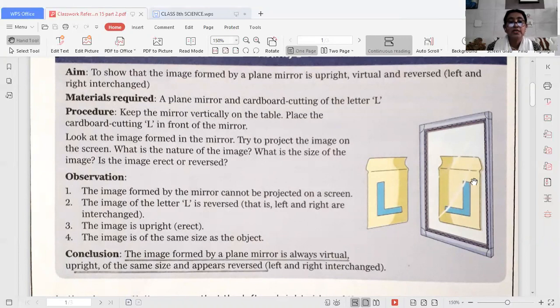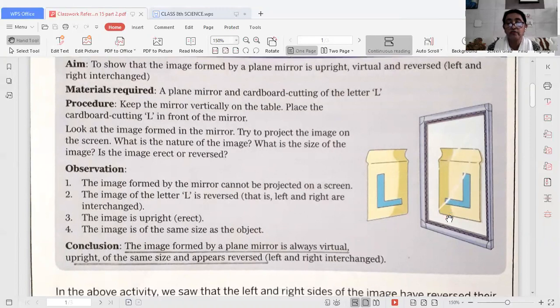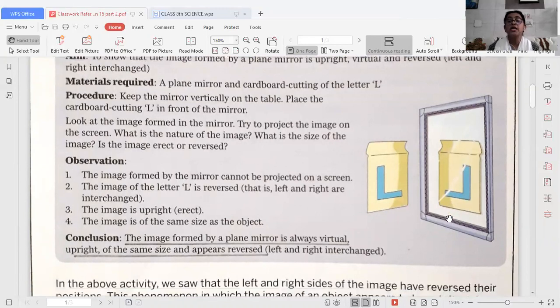We observe that the image formed by the mirror cannot be projected on the screen because it is virtual. Virtual means it cannot be formed on the screen. The image of the letter L is reversed, and left and right are interchanged.